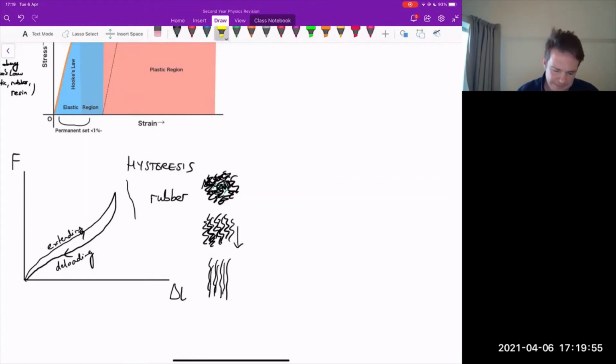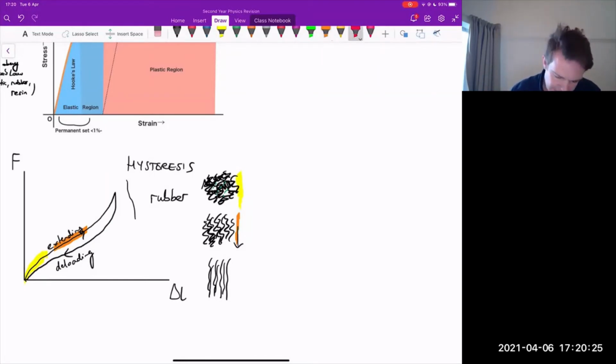So that's why the line starts off steep in the yellow bit, because you're breaking the intermolecular bonds initially, which have formed between the tangled branches of the molecules. Then this bit is slightly less steep because you've untangled the molecules and you're just stretching them, having broken a significant number of the intermolecular forces.